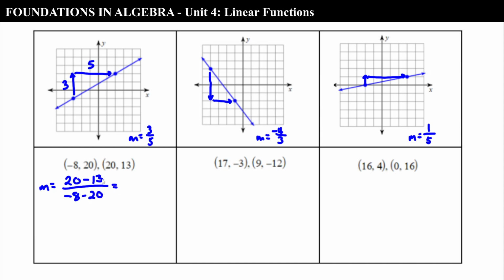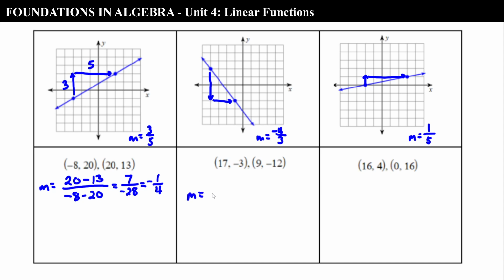So 20 minus 13, that's going to give us 7. -8 minus 20 gives us -28. And 7 will go into both the top and the bottom number, so we end up with -1/4. 7 goes into 7 once, 7 goes into 28 4 times.